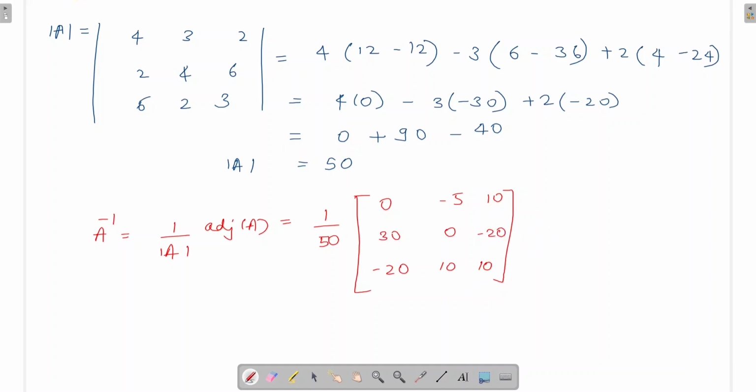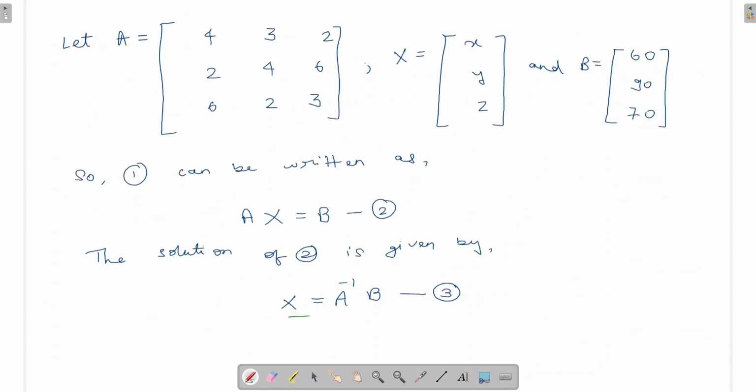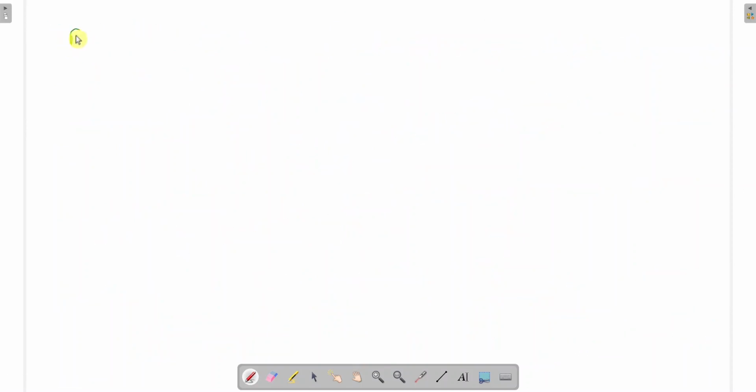Now we have to calculate the solution of the system of equations. Right? So the solution we have already written in the matrix form here. X is equal to A inverse B. So from 3 we get, so let us write it again here. X is equal to A inverse B.